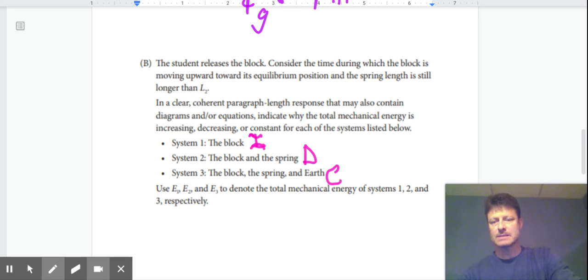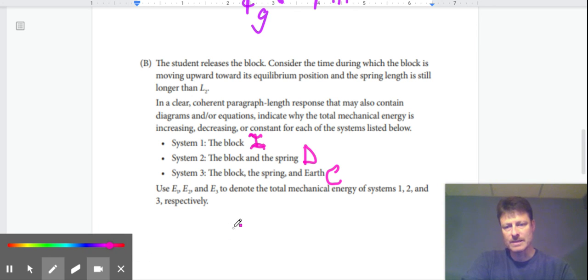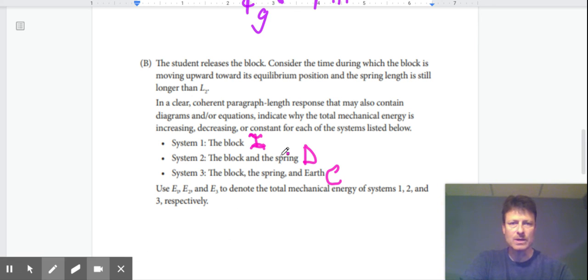And we said it was constant for the block, the spring, and the Earth. There are many questions where they talk about these systems, so you really have to take a look at each piece separately and go from there. As the block comes up, the block gains, whereas the block and the spring lose, but the whole system stays the same. So that's what I think the answers to those questions are.